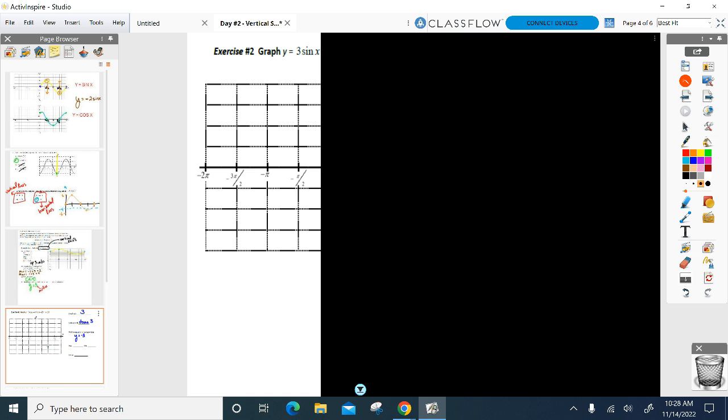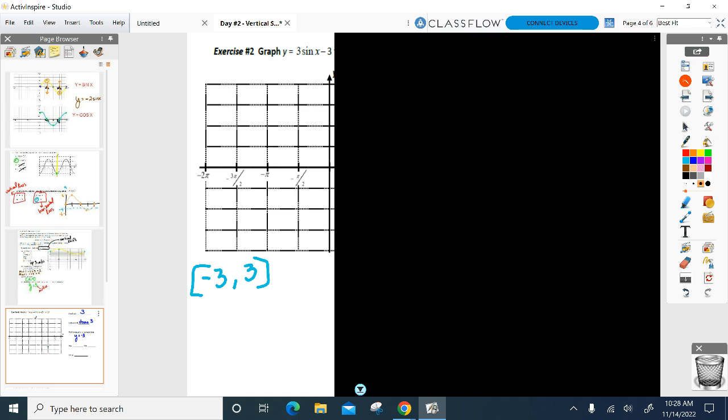Up and down to what? 1 and -1. But now I've got a number out in front. 3 and -3. So our old Friday min and max were -3 to 3. Everyone in agreement? But today I'm shifting, so what am I doing to those min and maxes? Taking 3 away, moving them all down 3.